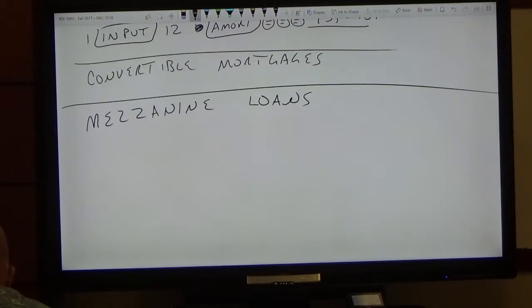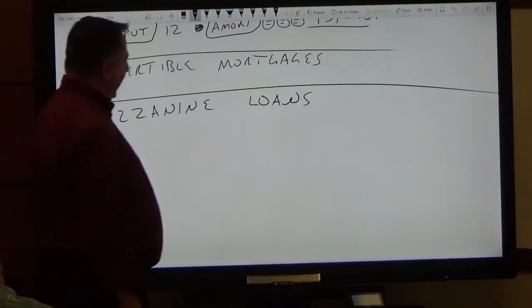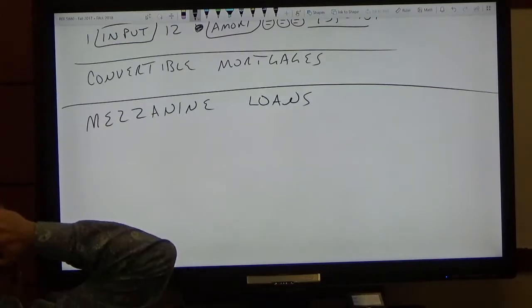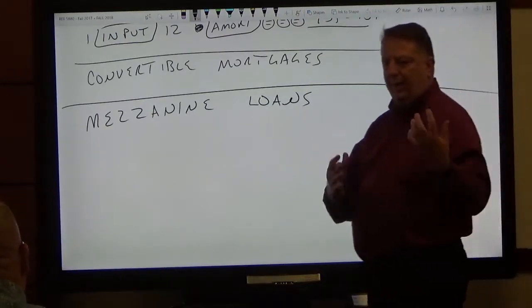Last topic for the quiz. All right, mezzanine loans. And we talked a little bit about this previously. Mezzanine loans are simply kind of a middle ground sort of loan.